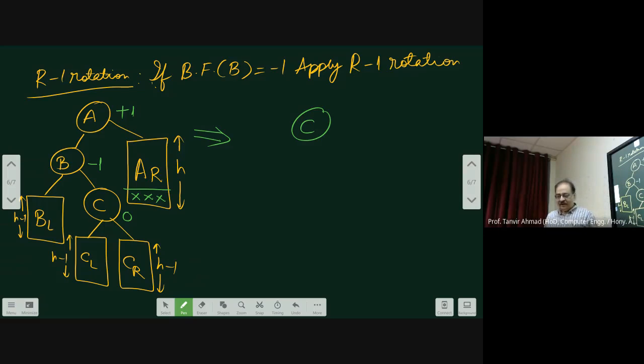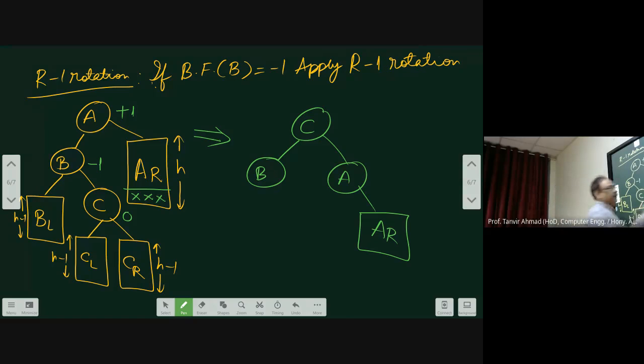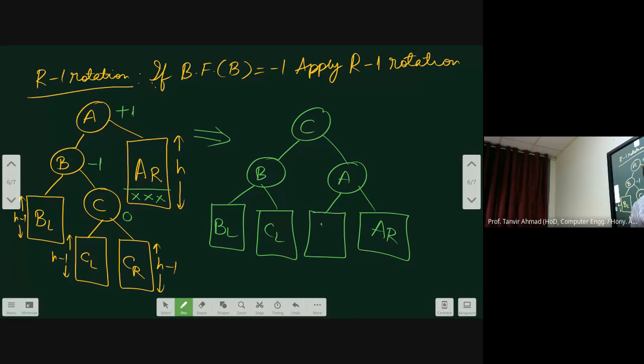Now, when you perform an anti-clockwise rotation at B, C will rise up. When you perform a clockwise rotation at the new A, C will go up. Therefore, C will come here, B will come here, and then you will get BL over here, CL over here, and CR over here.